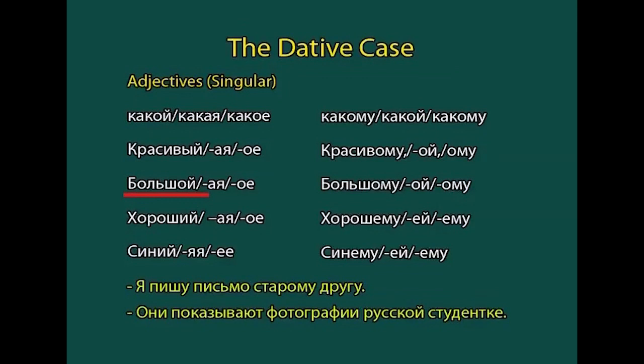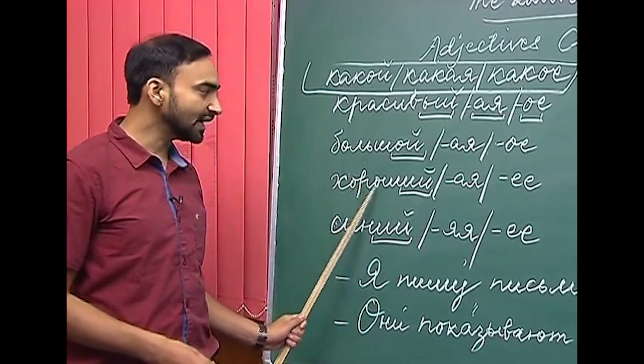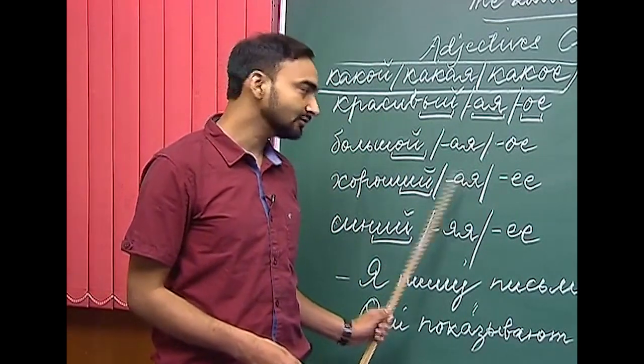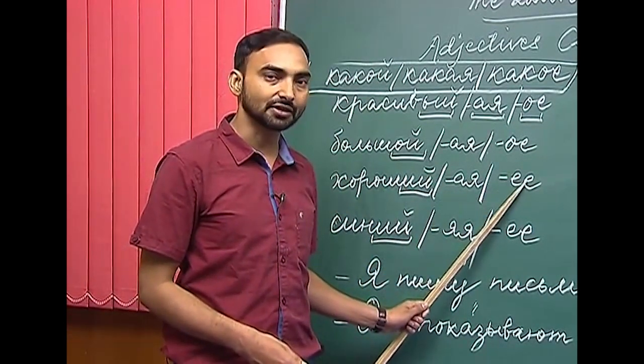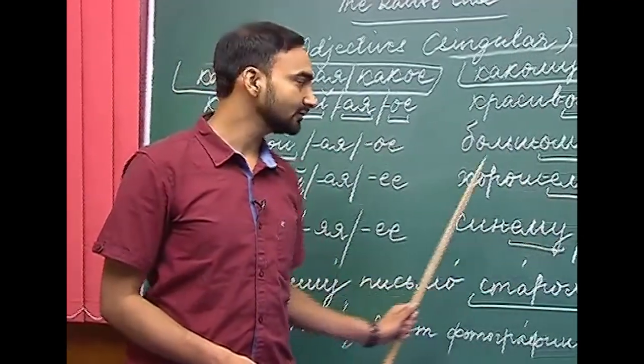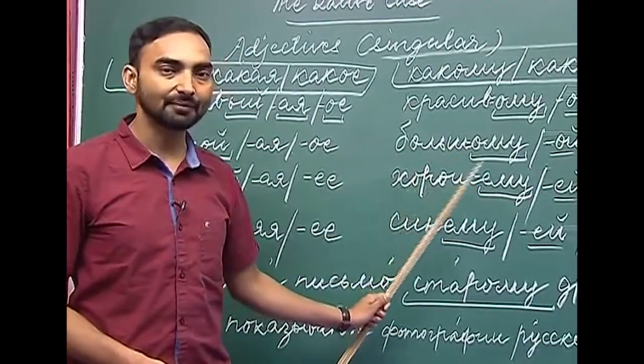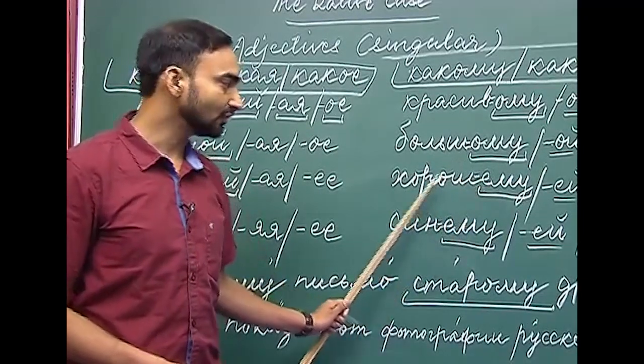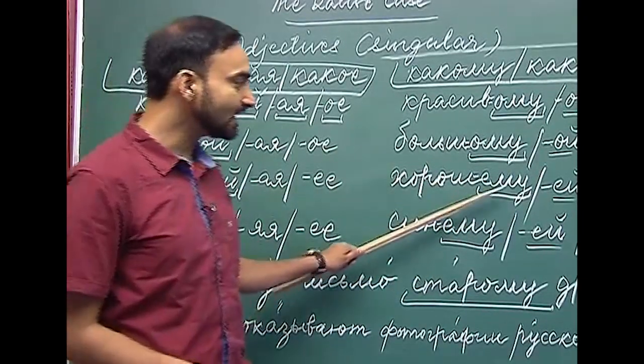The next is khoroshi. Khoroshi is good. Khoroshi, khoroshaya feminine and khoroshee neuter. So, what happens when khoroshi is used in the dative case? Khoroshi becomes khoroshemu. We are dropping the ending and adding yemu.